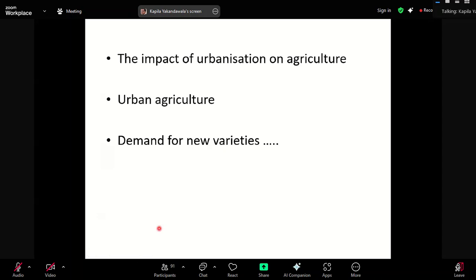So people have to transport food from far away to the towns because most people live in towns. So they realized that cultivating crops in urban areas is an important aspect. So the term urban agriculture came to the scene. Then there was a demand for new varieties because land is now limited.